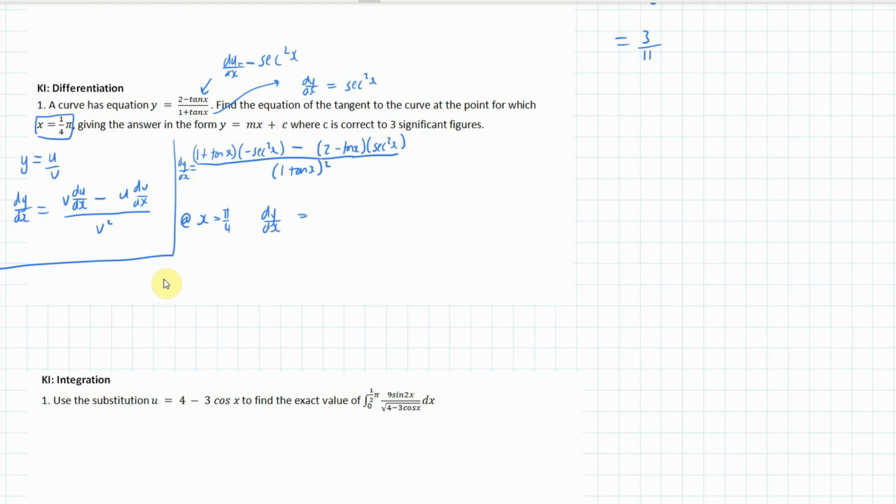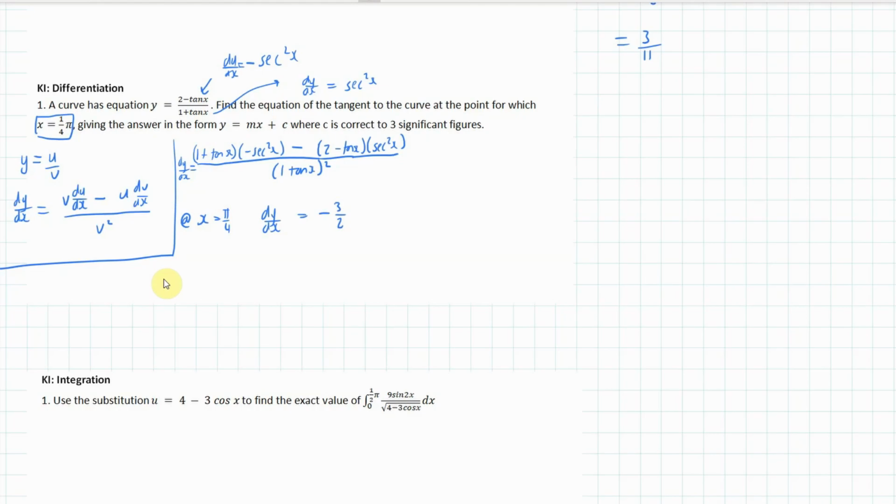I mean, we could simplify it further if we want to, but I don't actually see the need, because that's not what we're trying to achieve here. So I'm just going to chuck my value of pi over 4 in. And when I do that, I was getting negative 3 over 2.